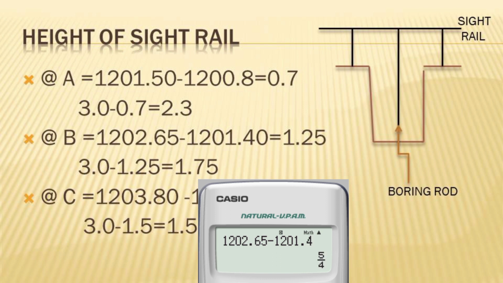That is for the first at A, that is 2.3, at B that is 1.75, and at C that is 1.5.